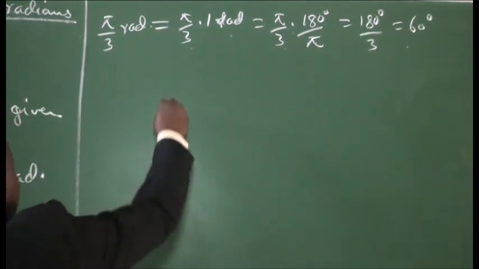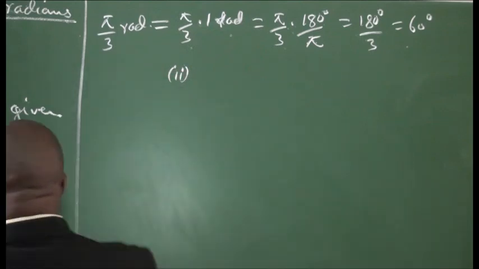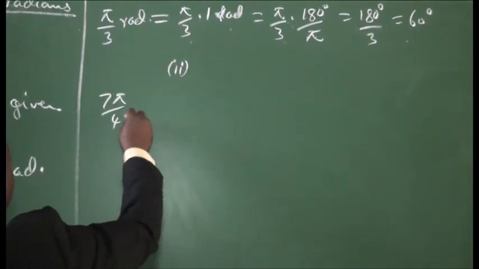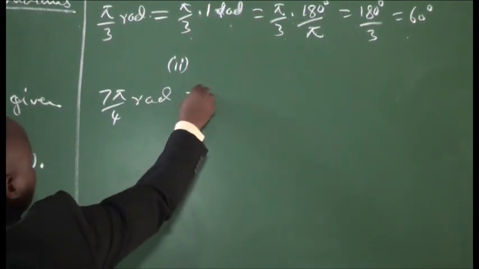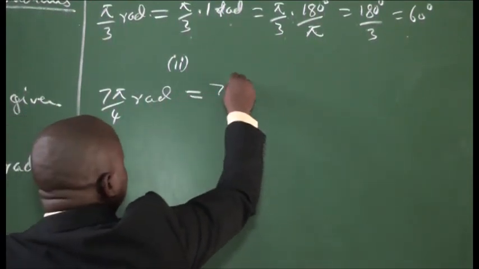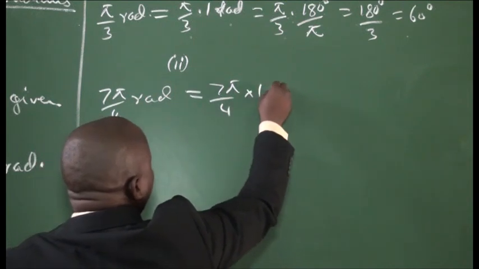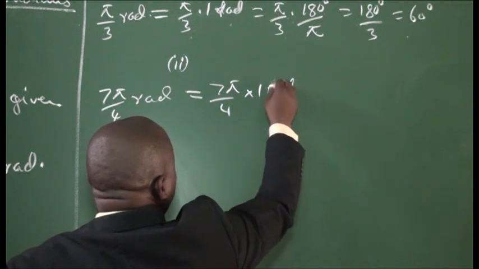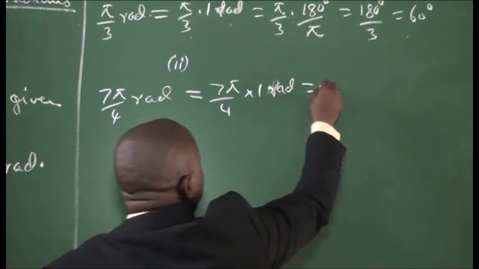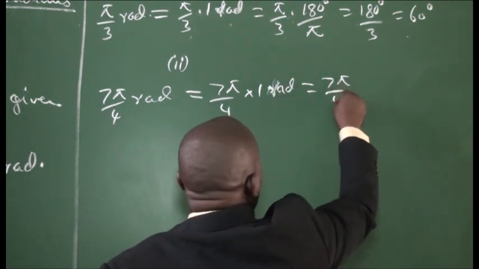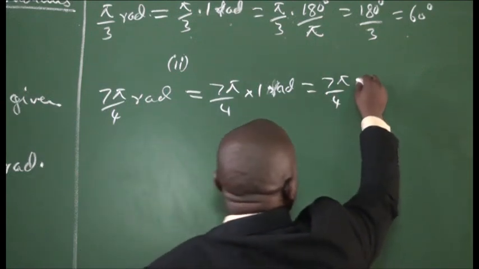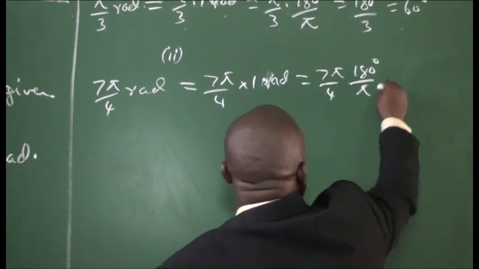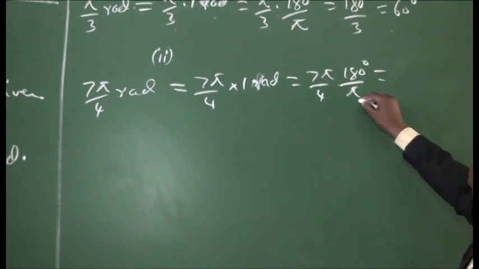All right. Now we go to the second one. 7 pi over 4 radians is the same as 7 pi over 4 times 1 radian. Then 1 radian is 180 degrees over pi. This pi can cancel pi.